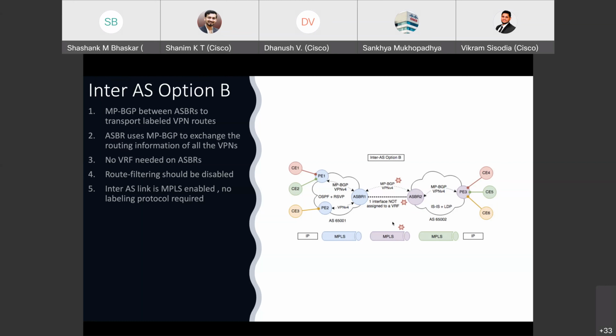They use the next-hop-self property for all the other provider edge routers within their own autonomous system. In this case, the route filtering on the ASBRs, point number 4, needs to be disabled. Even if these are not import candidates for a specific VRF, the ASBRs should not filter them out, and should still hold those NLRIs to be sent to other iBGP peers.